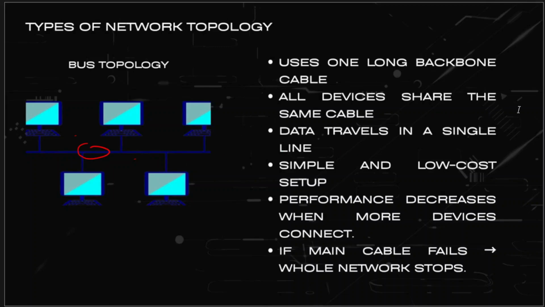If the backbone cable breaks, the whole network dies. If everyone talks at once, you get data collisions, making the network painfully slow. The performance gets slower as we put more data. This is why we don't find this in modern offices anymore.